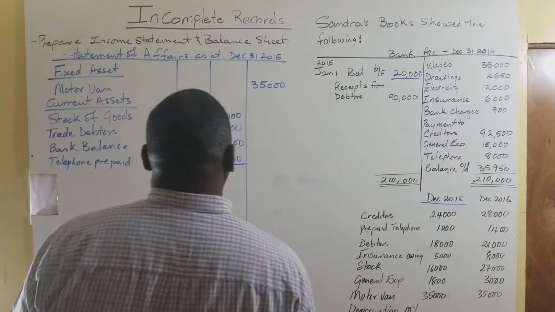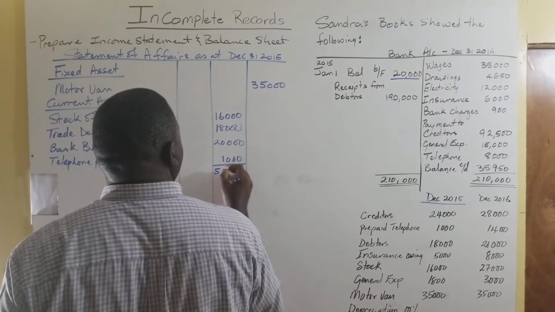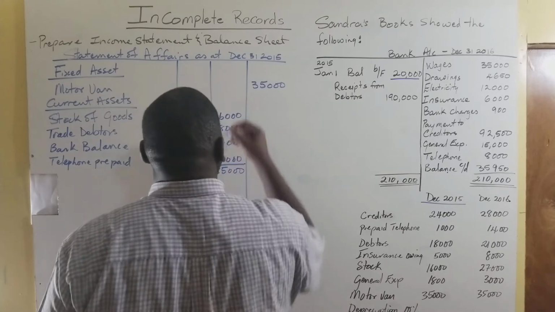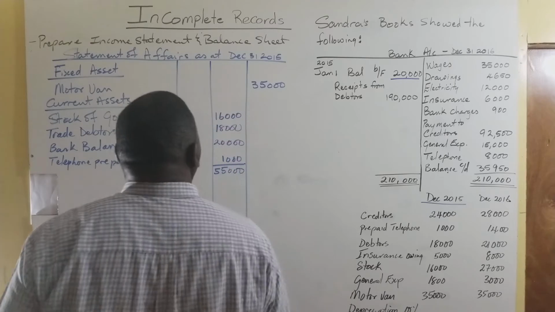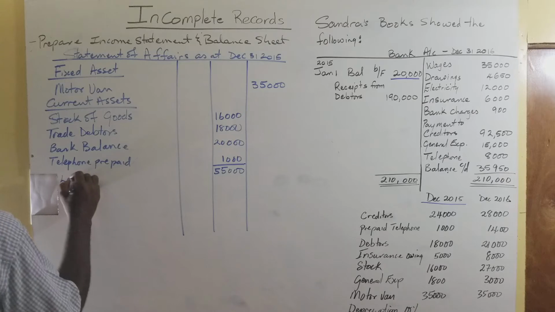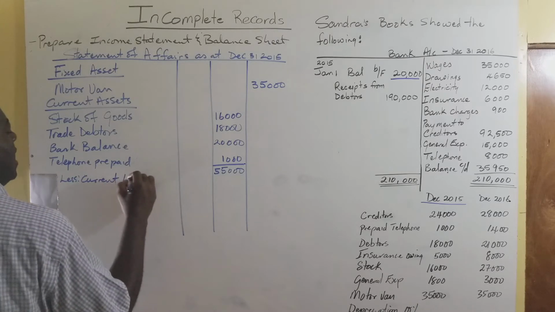That is 750, 50. Would that be 55,000? Let's go again. 8, 9, yes, 5, 4, 55,000. We're going to subtract now our current liabilities.